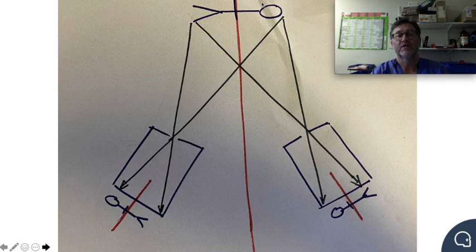So here we can see the image on the right hand side of the midline will go to the left eye, or part of it, and the image from the right hand side will go to the right eye as well. So each eye receives light from an image on both sides of the midline. So that makes it a bit more complicated as well.